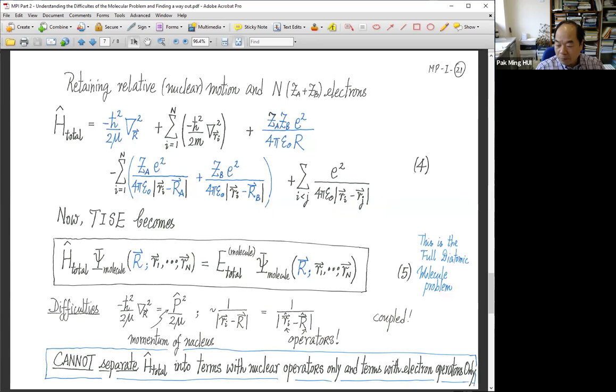Now, all in all, what I'm trying to say is the following. This H total cannot be turned into something like a part of the Hamiltonian that has to do all with the nuclei, plus another part of the Hamiltonian that only has to do with the electrons.